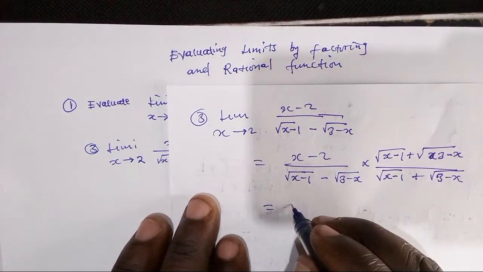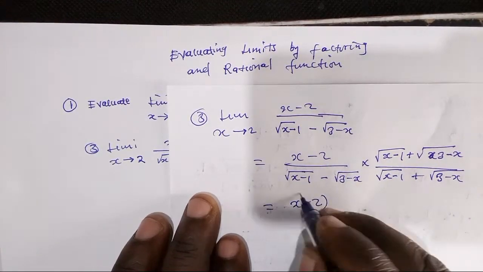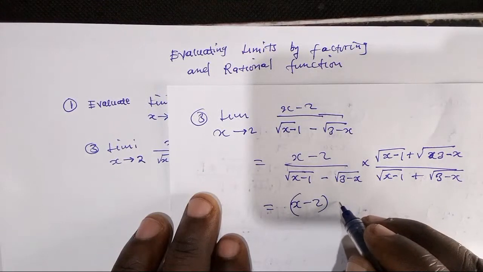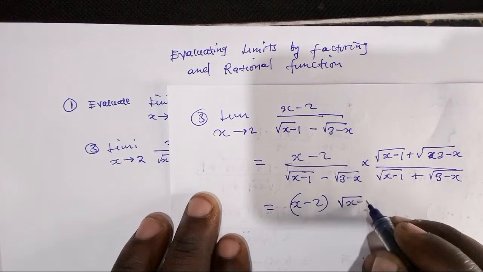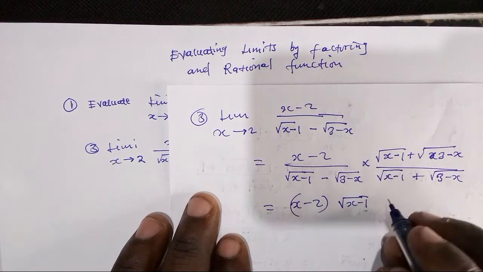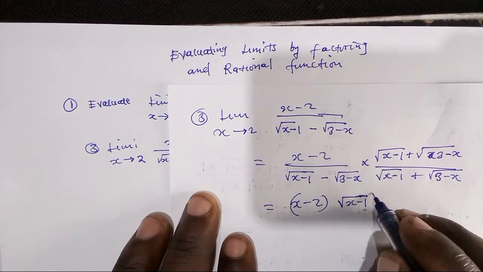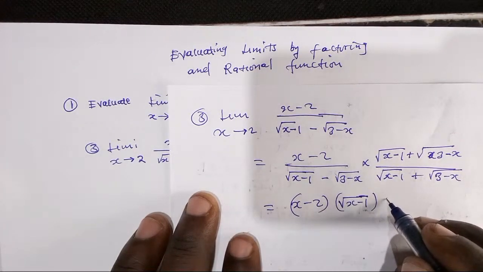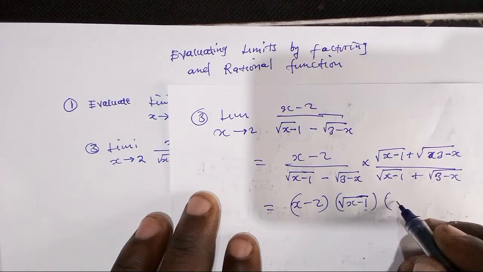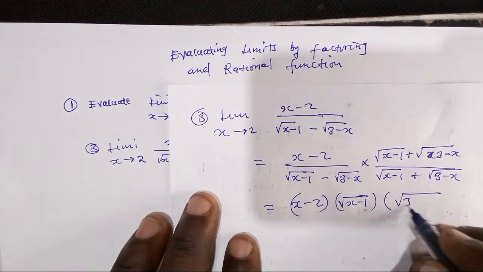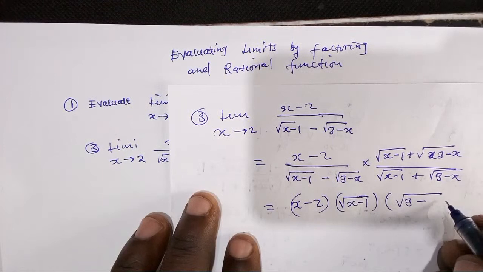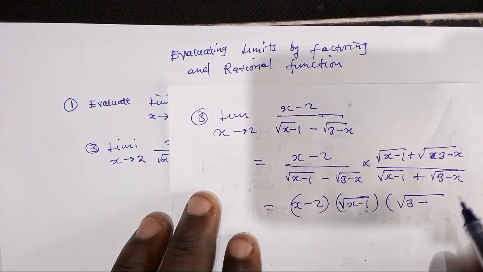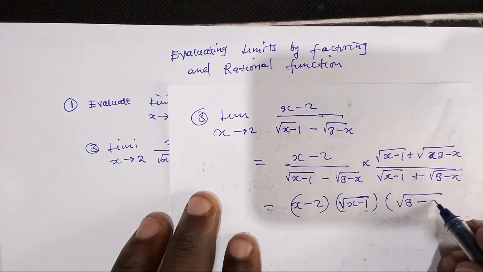So now we are going to put these values in brackets. We're going to say x minus 2 in the bracket, then root x minus 1 minus root 3 minus x, right?